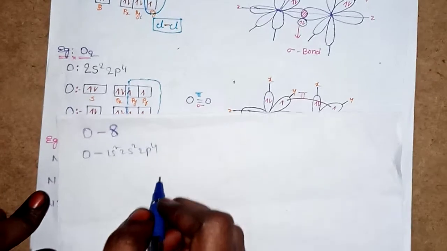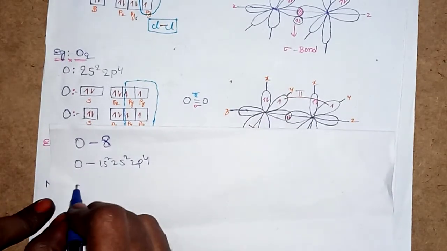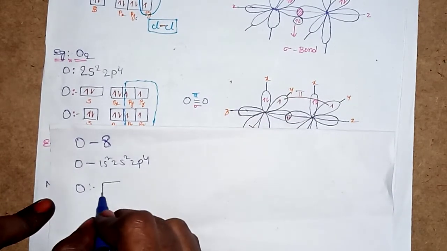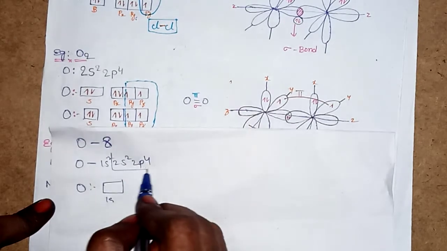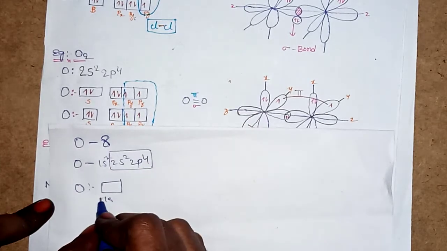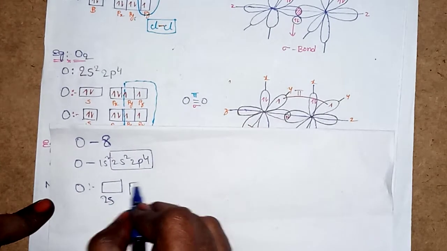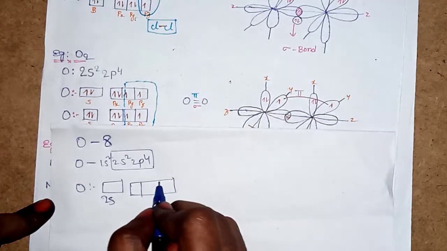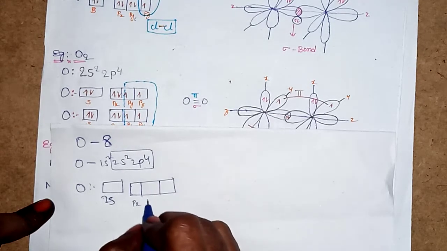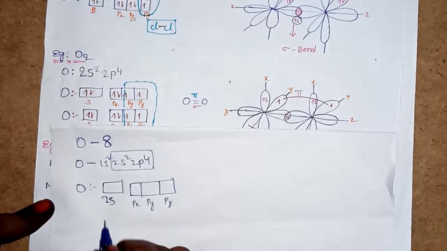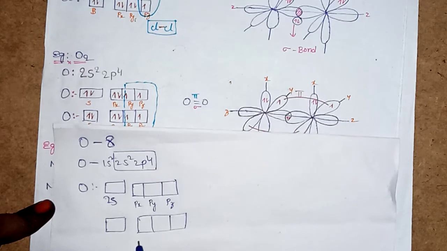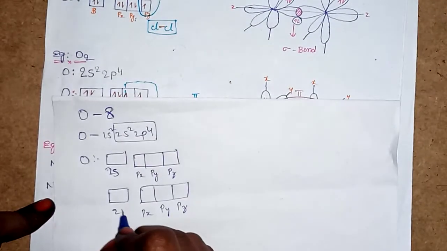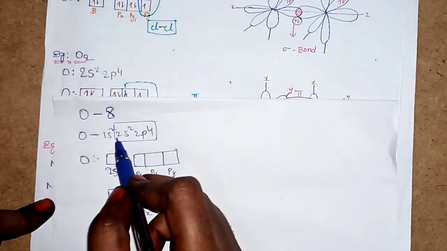Let's draw the orbitals of oxygen. This is an s orbital. We will consider only these two. This is the 2s orbital. The p orbital has 3 orbitals: px, py and pz. Similarly for the other oxygen, px, py, pz and a 2s orbital. How many electrons are there in the 2s?